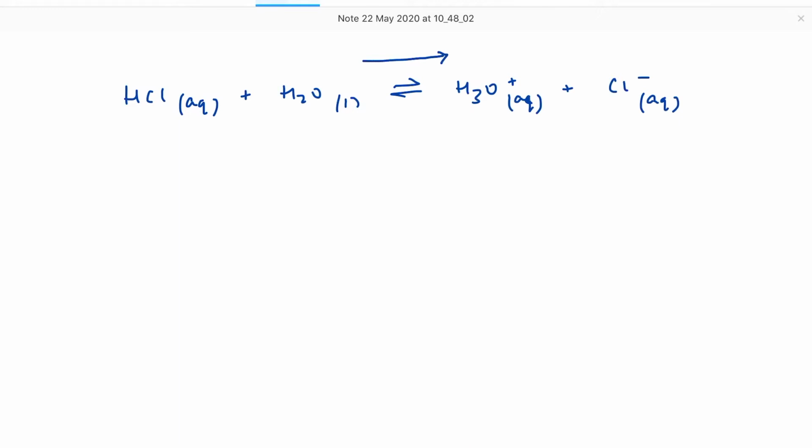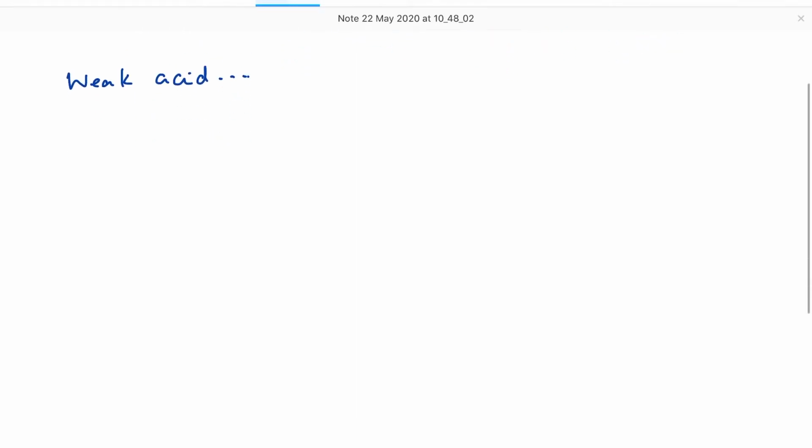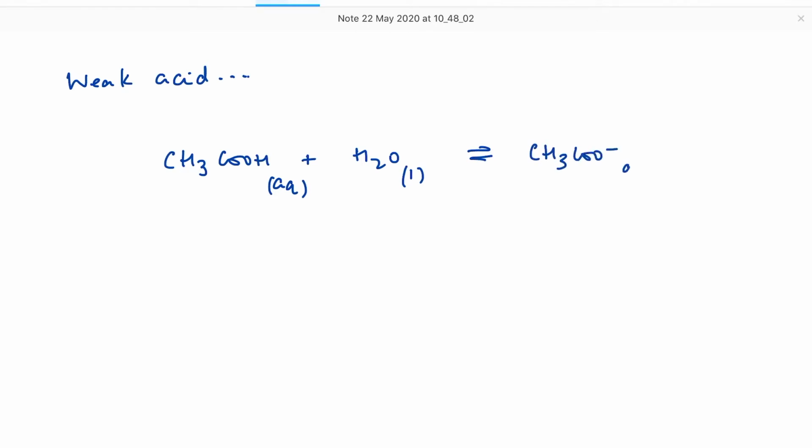However, if we were to take ethanoic acid as an example of a weak acid, let's have a look at ethanoic acid. So here we've got CH3COOH reacting with water to form the ethanoate ion plus the oxonium ion.